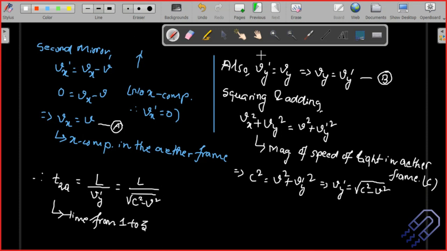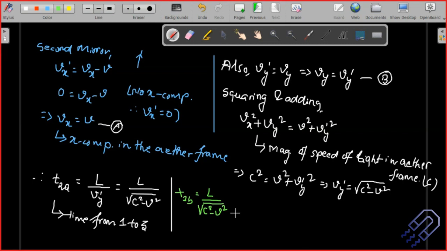Similarly, we can also find out the other time, and then we can do the total time. Let's say I have got T2b. Because of this relation, T2b is again L divided by, now even if you consider the speed to be reversed in the opposite direction, even if you take minus c, there is a c square term, so nothing is going to change. We can simply write it as root over of c square minus v square, so this will remain the same.